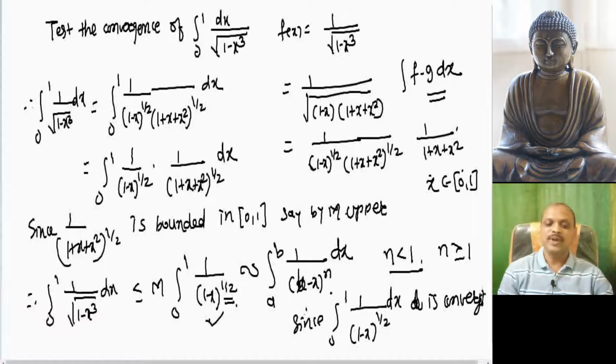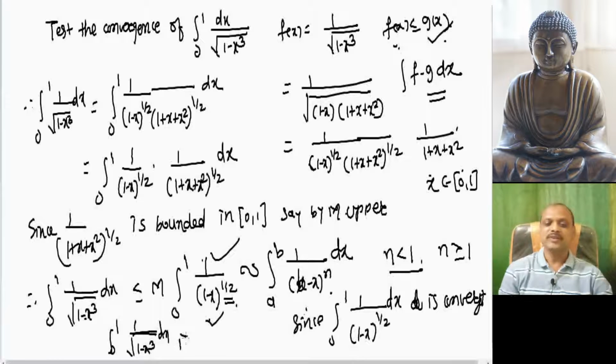Now apply the comparison test. By the comparison test, if we have two integrals with f of x less than or equal to g of x, and if the integral of g of x is convergent, then the integral of f of x is also convergent. Here this integral is convergent, and therefore the integration 0 to 1 of dx divided by under root of 1 minus x cube is convergent.